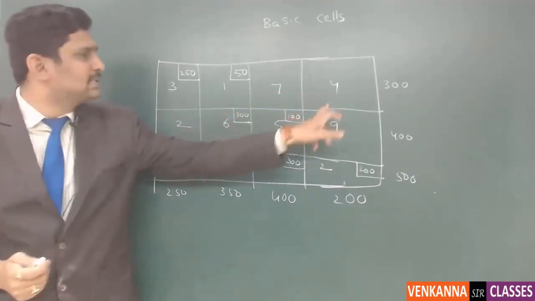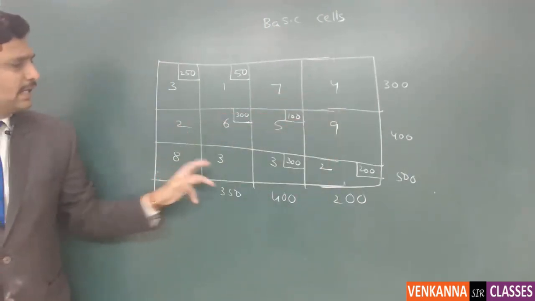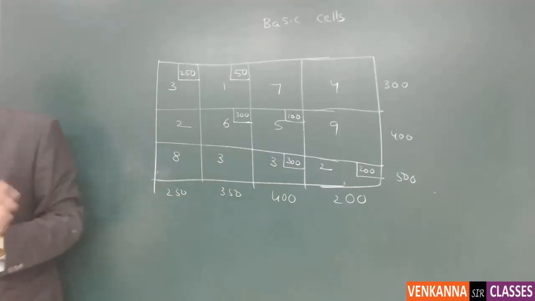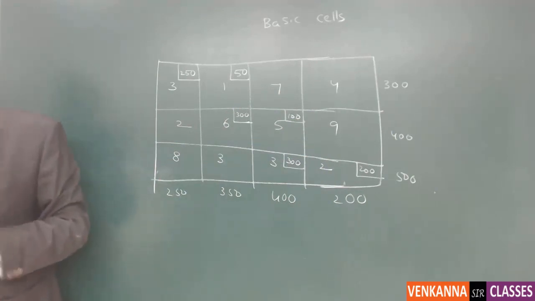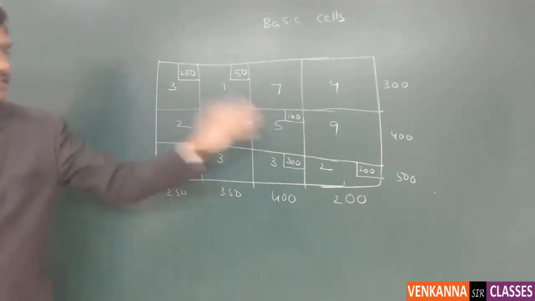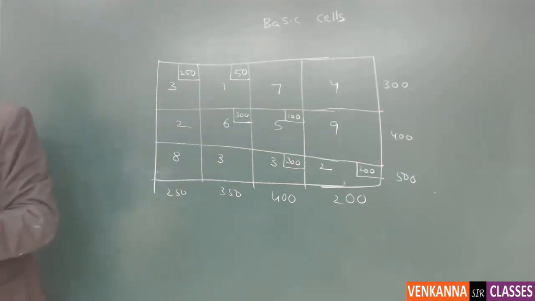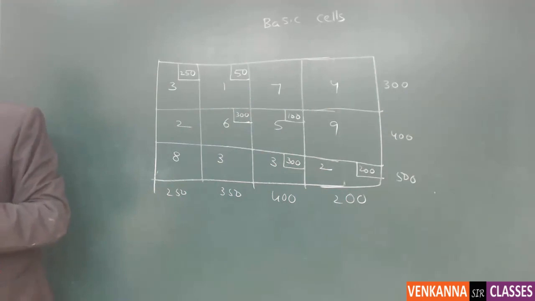The remaining cells where you didn't make any allocations are called non-basic cells. Now, for the non-basic cells, you are calculating the penalties, right?